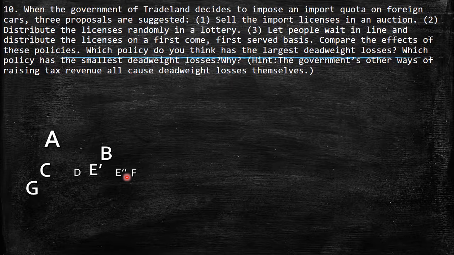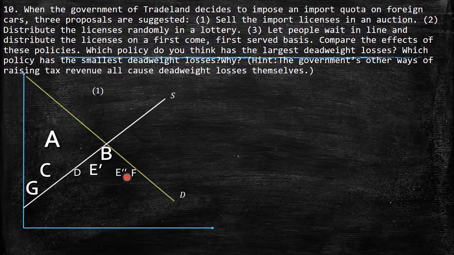Third, let people wait in a line and distribute the licenses on a first-come, first-served basis. Compare the effects of these policies. Which policy do you think has the largest deadweight losses? Which policy has the smallest deadweight losses? Why? As a hint, the government's other ways of raising tax revenue all cause deadweight losses themselves.